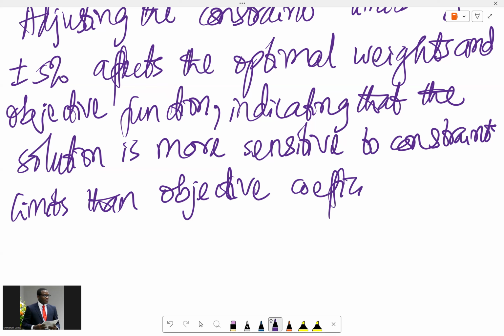So if you really want to affect the system, you change your resource allocation, which is basically about investment, how much you want to invest in a combination of the portfolio.